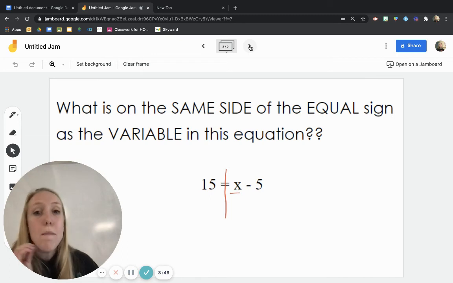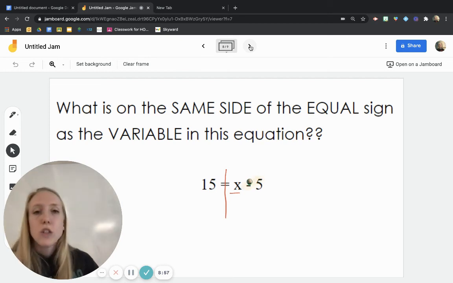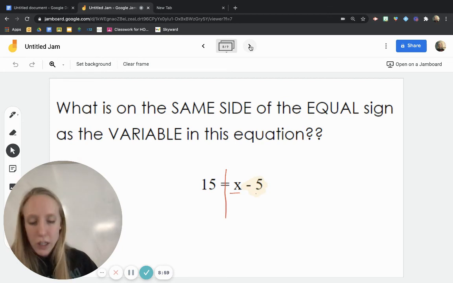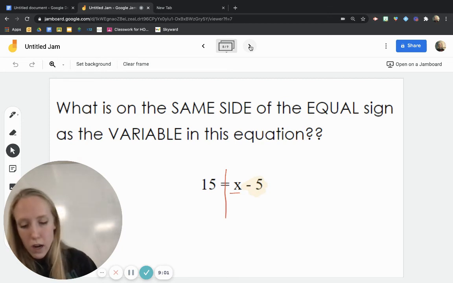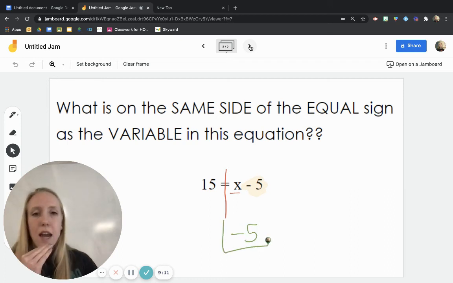I want to know what math is on the same side of the equal sign, and I notice that it is minus 5. So the answer is: the variable is x, and minus 5 is on the same side as x.